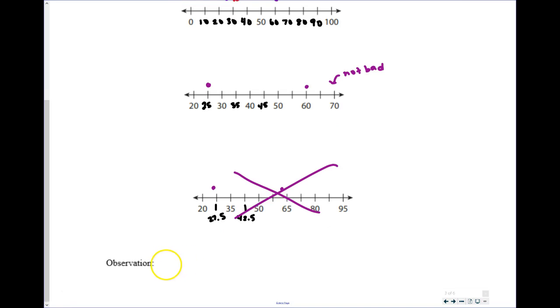You need to think of a scale that represents the range of values, meaning your low to your high, and think about spacing.